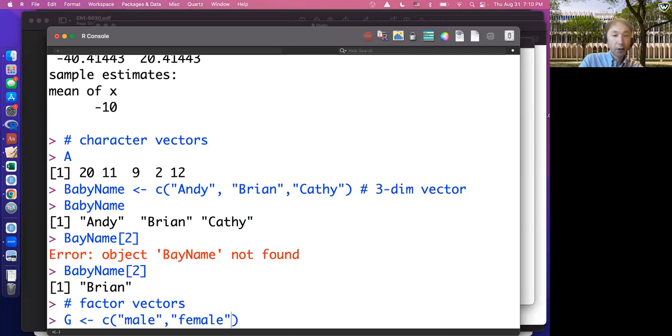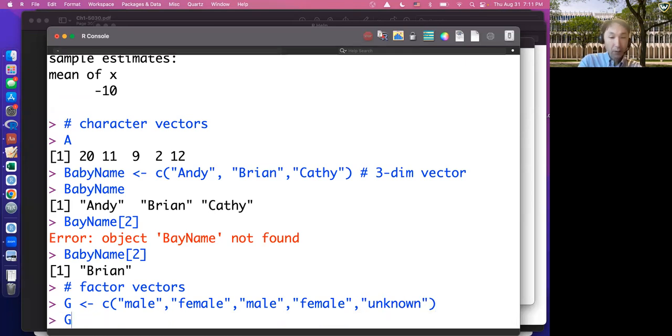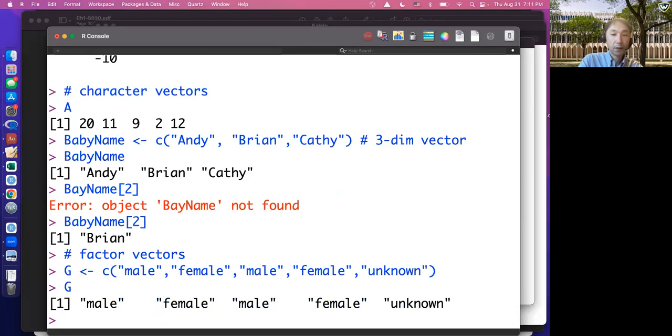This is the gender of 5 people in the data set. So this is a character vector: male, female, unknown.